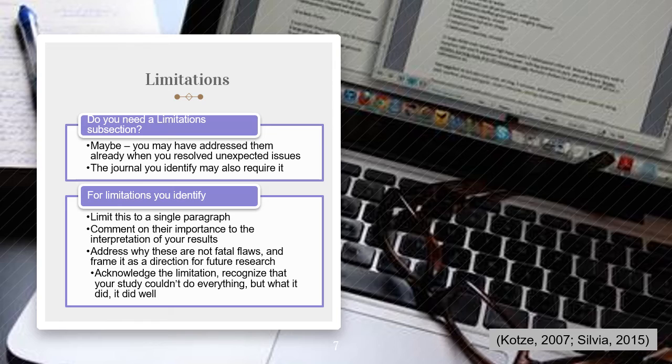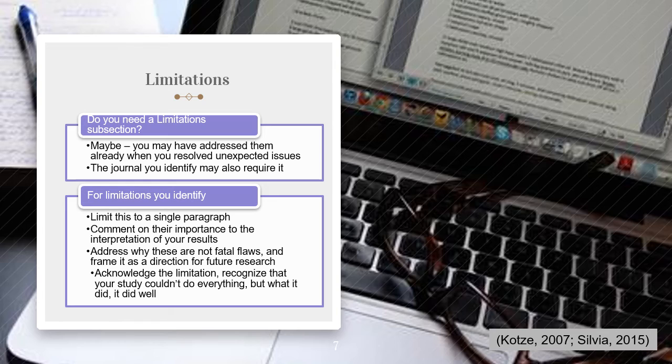So typically if it's required, then you definitely want to make sure you have a limitation section and limit it to a single paragraph. You want to comment on the importance of whatever that limitation is for the interpretation of your results, but it's also really important to address why those limitations aren't fatal flaws and frame it as a direction for future research. Think of any limitations that you might report as a guilt-ridden way of saying, here's a future direction for research.